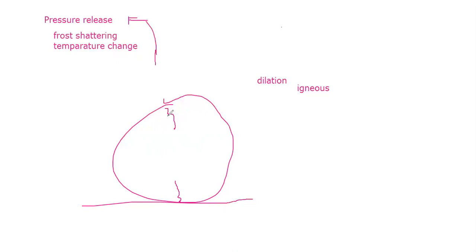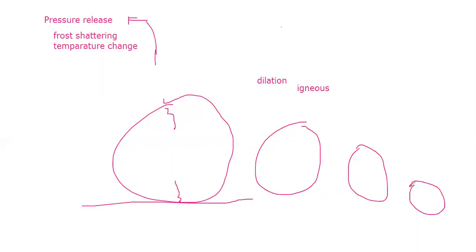The rock constantly peels and peels, and it gets smaller and smaller. We call this onion peeling simply because the outer layers of the rock have been weathered away.